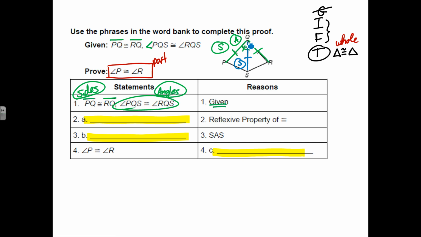We got our same side, we went left, congruent to F. That's another pair of sides. Reflexive property. So down here we have a side and an angle, and there's another side.